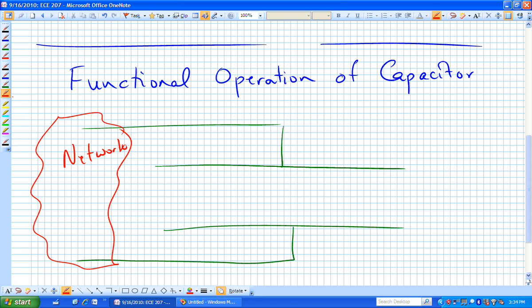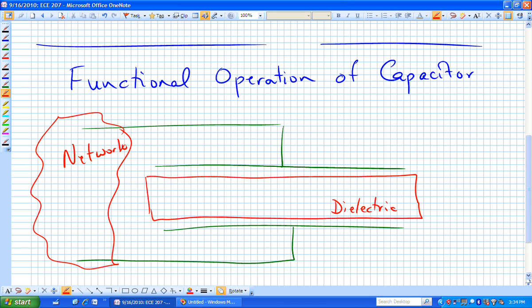There could be something between those plates in the form of what's called a dielectric. It could just be an air gap, but it could be some other material. Here are the plates, and obviously the one below it.